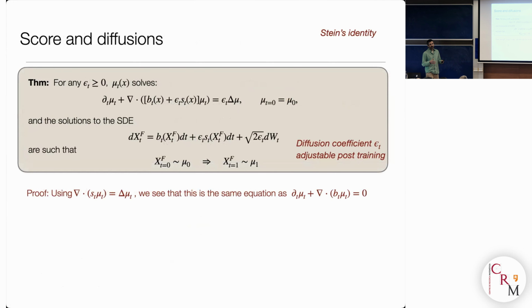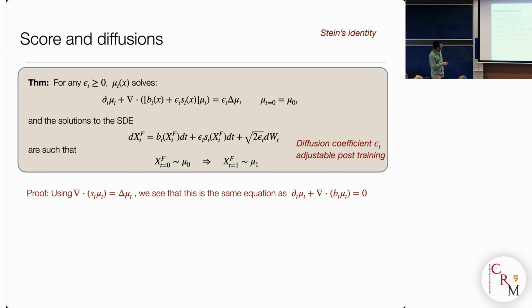Now, this was transport with ODEs, but you can also build generative models that involve SDEs. And the reason is this little manipulation that also looks very simple, but it's in fact pretty profound, which is that the transport equation that I wrote to you on the previous slide can be rewritten as a forward Kolmogorov equation or a Fokker-Planck equation, meaning you can add some diffusion, provided that you compensate for it by a term in the drift that involves the score.